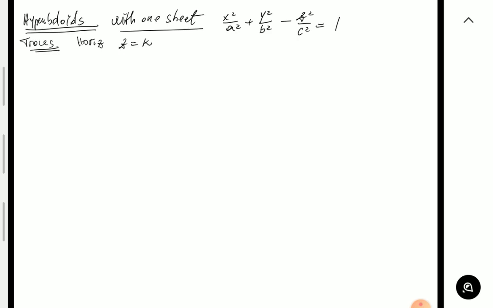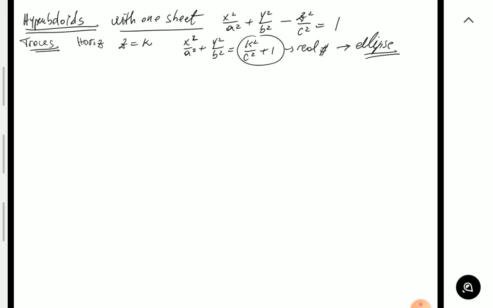Imagine again you plug in an actual number into the equation of the hyperboloid, and then see what you get in terms of x and y. Right, so all of this is going to be again a real number. It's a positive real number actually. So obviously with what you have on the left side, you should recognize that this is the equation of an ellipse. Okay, so a horizontal trace is going to be an ellipse.